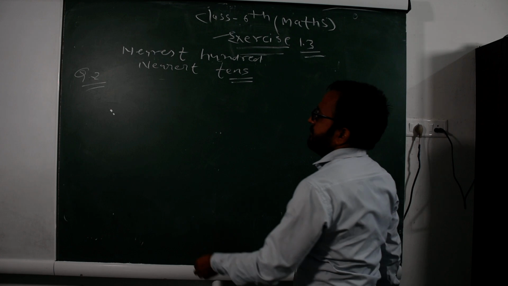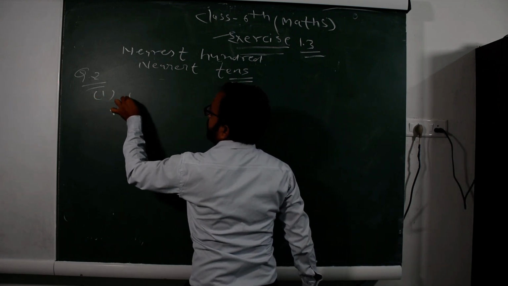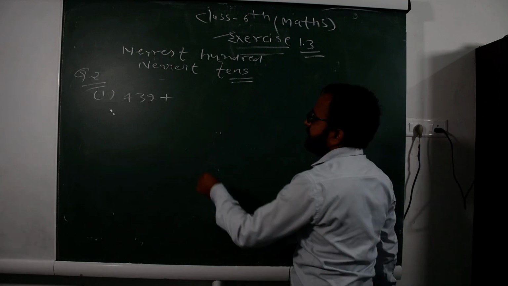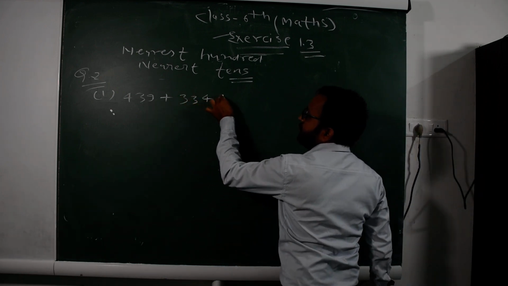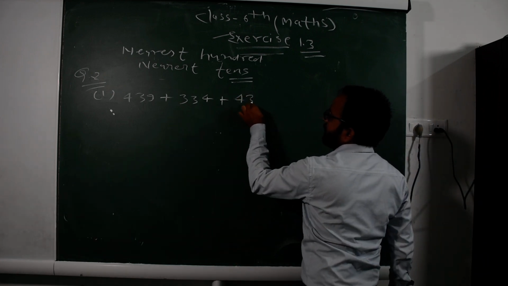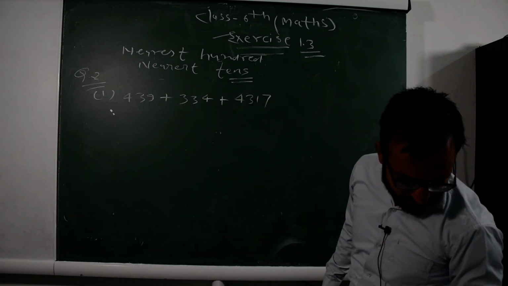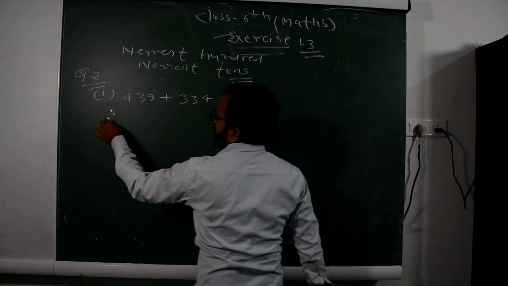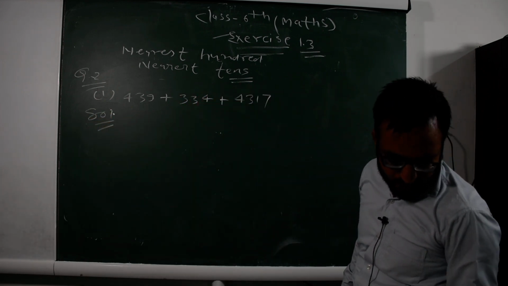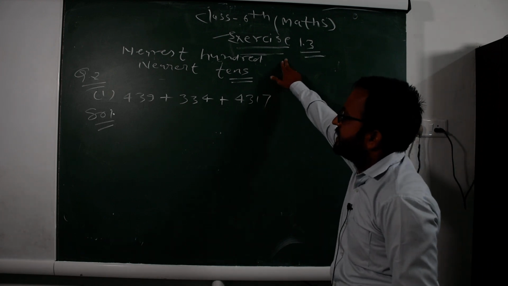Question number first: 439 plus 334 plus 4317. First solution. Now in this question, first we apply nearest 100.